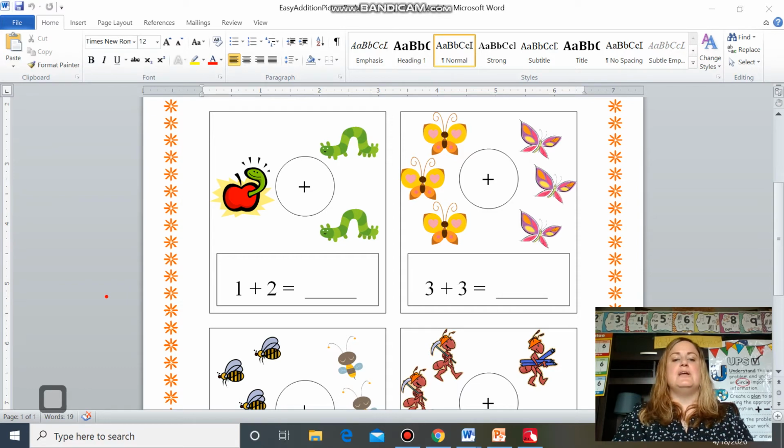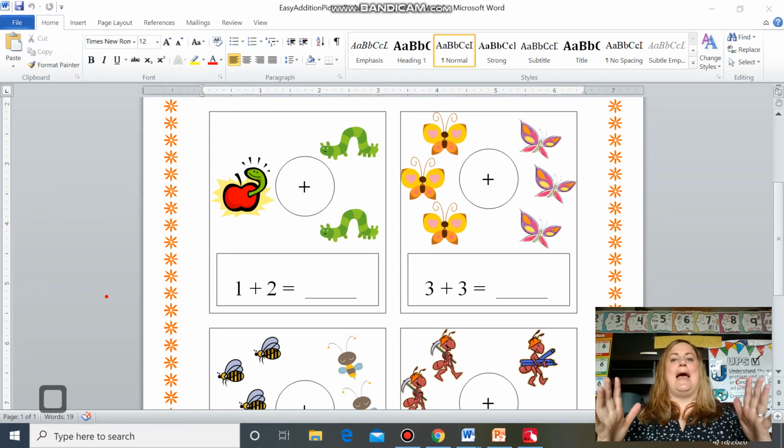So my addition fact down here in the bottom, or my equation, you'll see my two numbers, which are the addends, my plus sign, my equal sign, and then we need to find the answer or the sum. So if I have my pictures, this is 1, they drew 1, and then over here is 2, they drew 2.